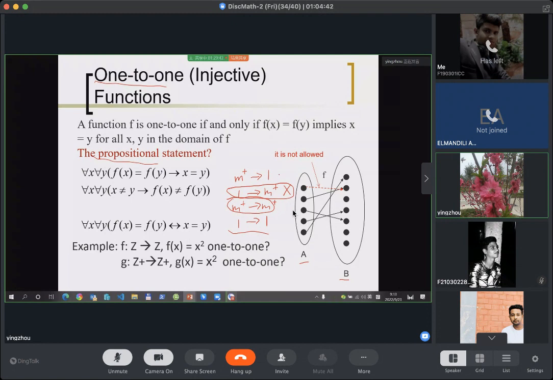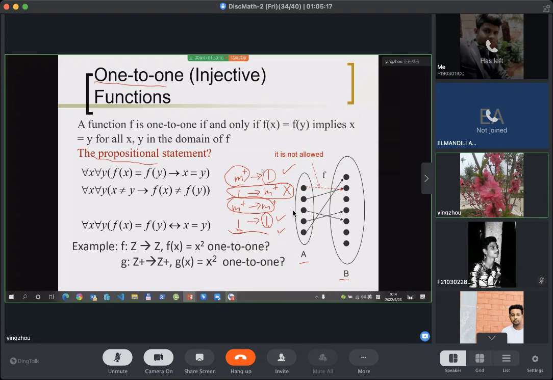So in the definition of a function, we only have two ways, exactly one. Here it is exactly one. So the first is only one, but the second maybe has many inputs referring to one output. So it also generates a function, but for one-to-one, we only map this, not this.